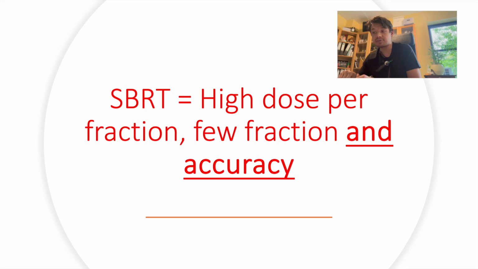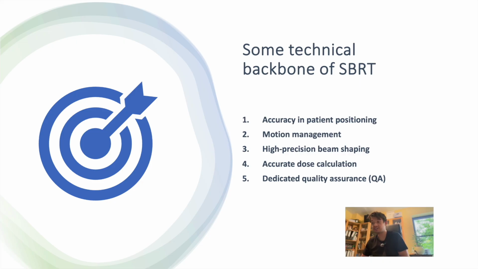And remember, there is still no clear definition of SBRT. Precision in SBRT isn't just about one thing, it's everywhere. In the patient setup, motion control, beam shaping, dose calculation, QA, every detail matters, and honestly, this list is non-exhaustive.